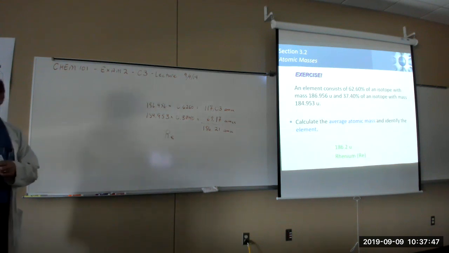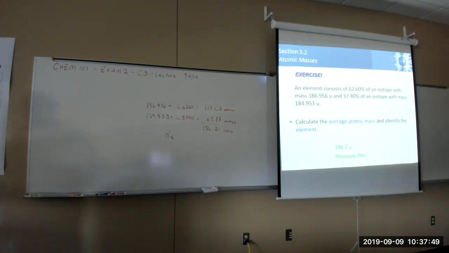Now, there are rare occasions where you might determine the average atomic mass of an element, and it'll be halfway in between one or the other. So it's not as definitive as the atomic number, but you can usually get pretty close. There are some that are very close to one another.